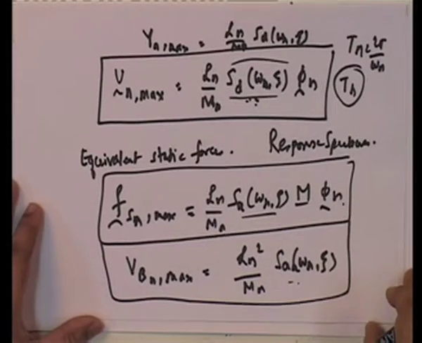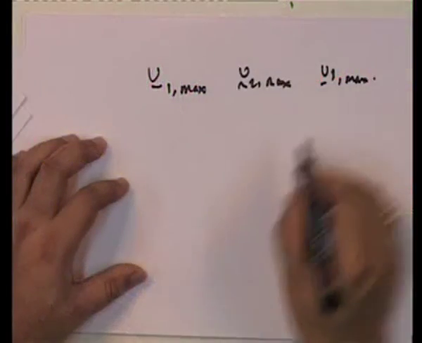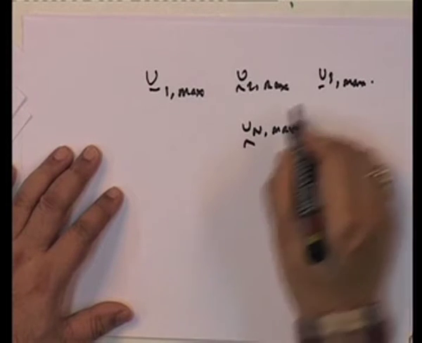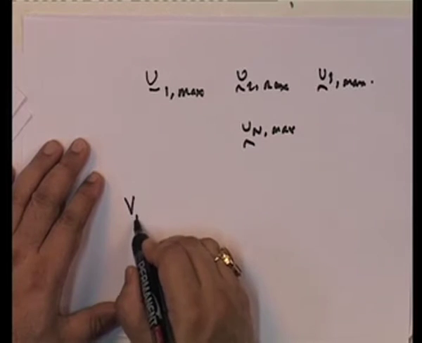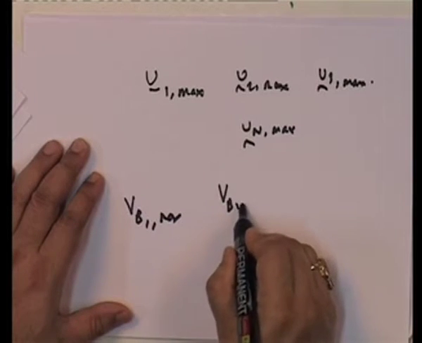Ultimately, what we have here is that I am calculating V1 max, V2 max, V3 max, and so on up to Vn max, or VB1 max, VB2 max.